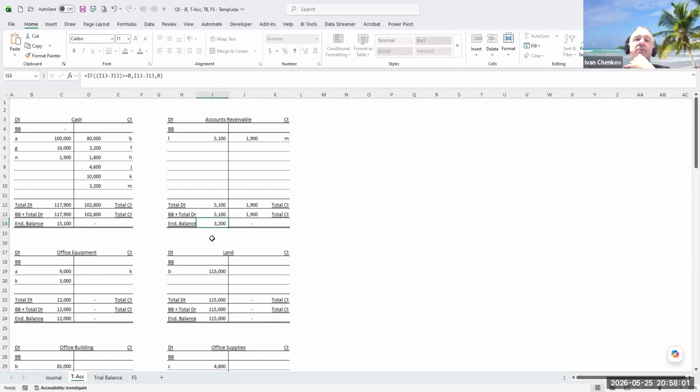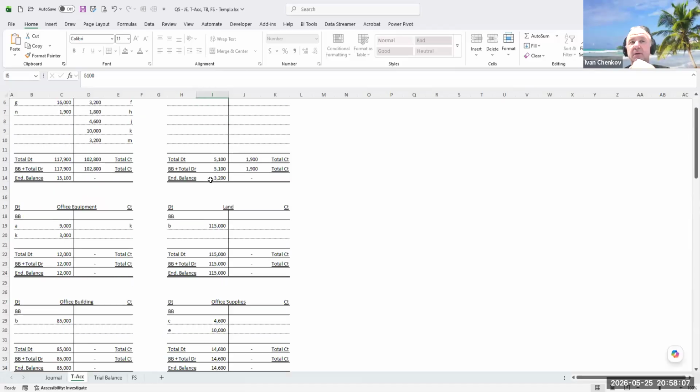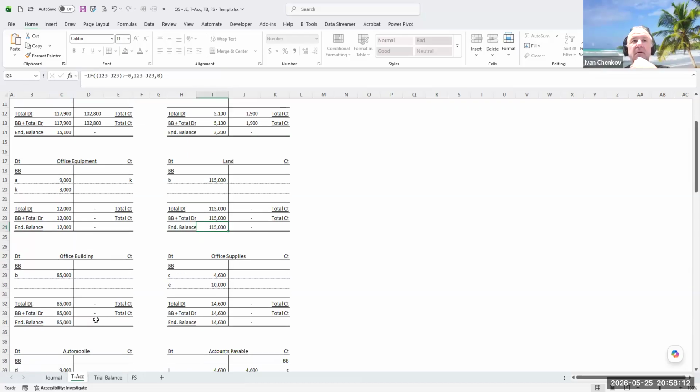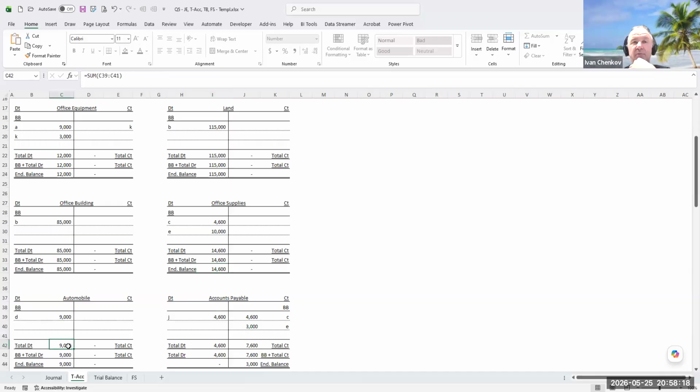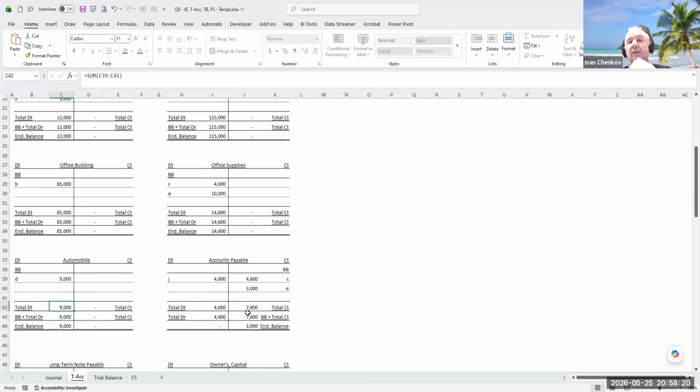We still have to collect $3,200 from the client for which we provide the service for $5,100. We have $12,000 office equipment, land, office building, office supplies. We have an automobile. Now, and that's conclude our assets.